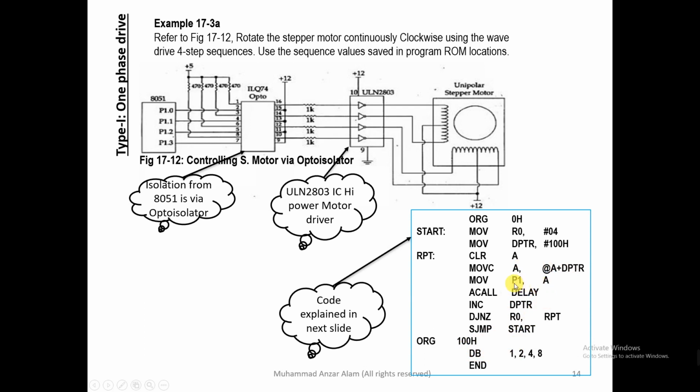The accumulator value is then moved to port 1. Then we have this delay, and the data pointer increments so that next time it will access the 2 value. Then again, after two loops, the data pointer will increment and access the next value, 4, and then it will be incremented again and access the highest value, 8, and the process will continue to run.